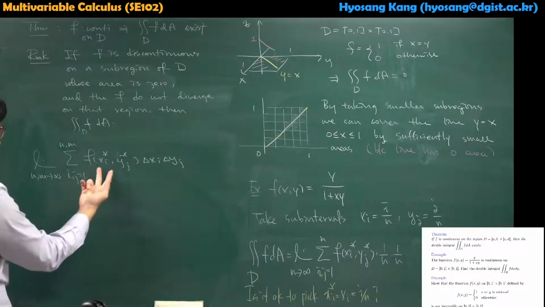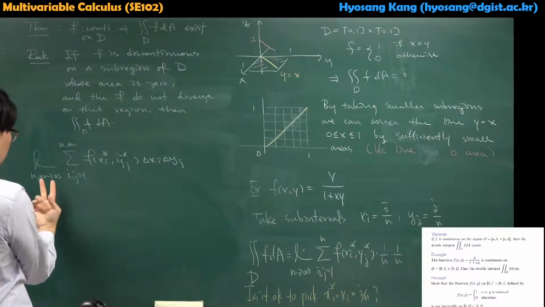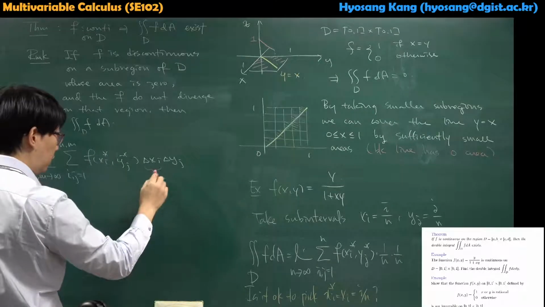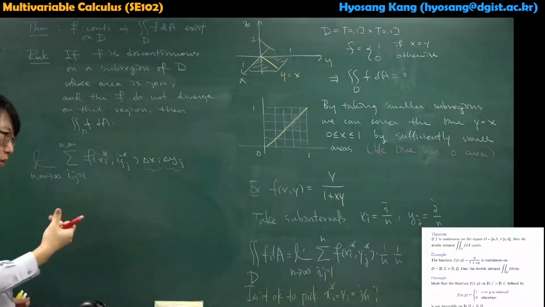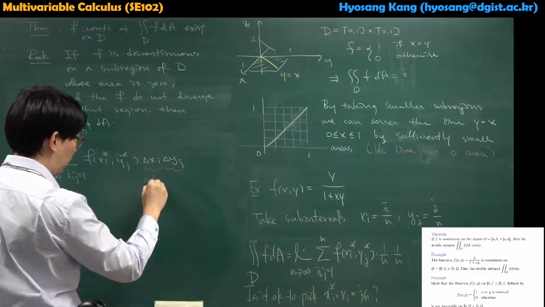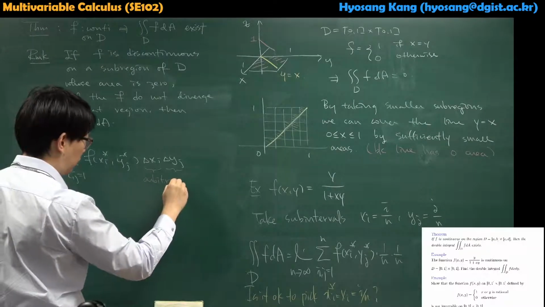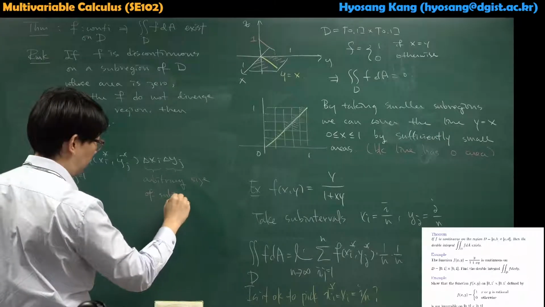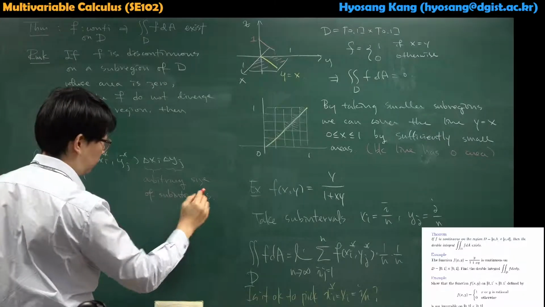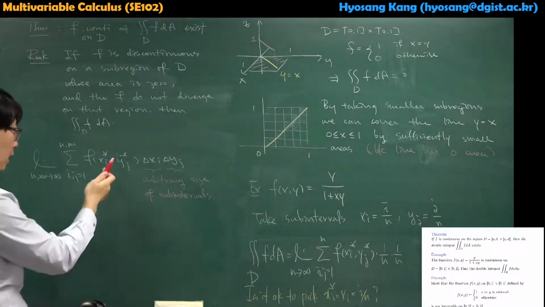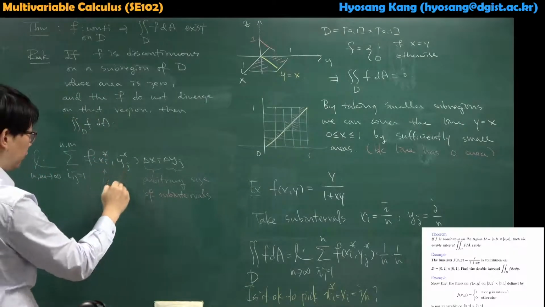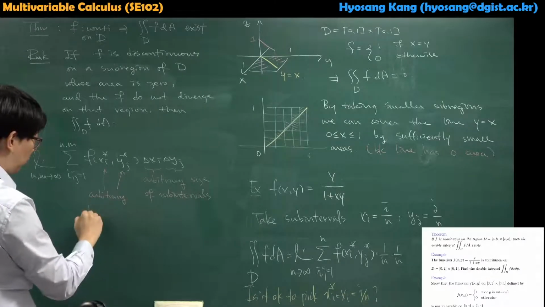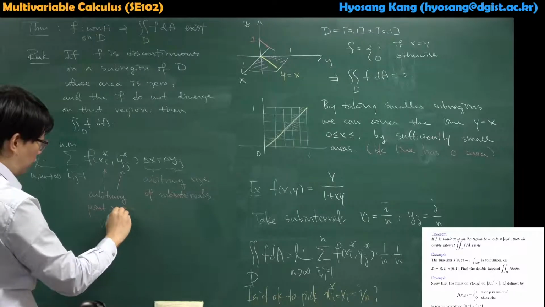It means that there are two things. I can take the lengths of subintervals as arbitrary size of subintervals. And how about this one? This is also an arbitrary point in the subintervals.